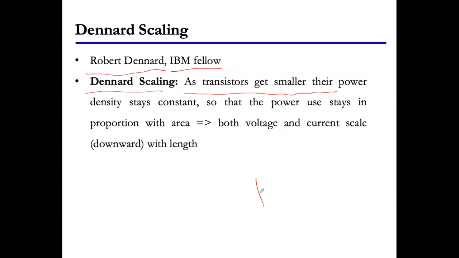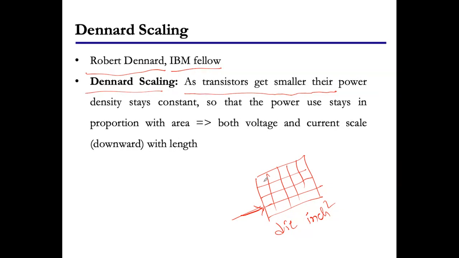That means the power is not given to any individual transistor. Power supply is provided to the die, in the square inch area. If you increase the number of transistors on this die, the power will be constant, but the density of the transistors is going to be increased.